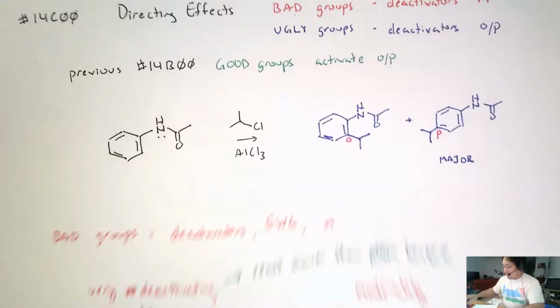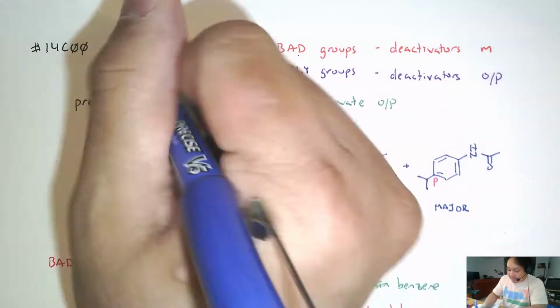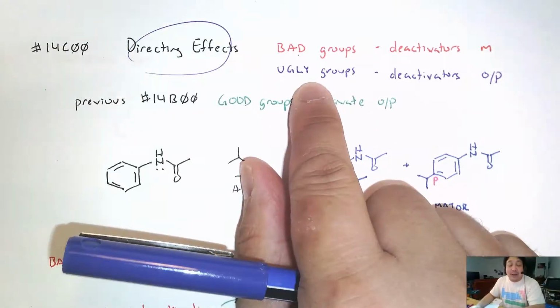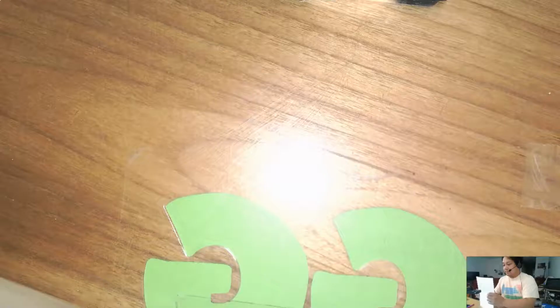The last group that we're going to talk about is the ugly, and this is easy because the ugly groups are the halogens. And we'll do an example as well. Ugly groups.